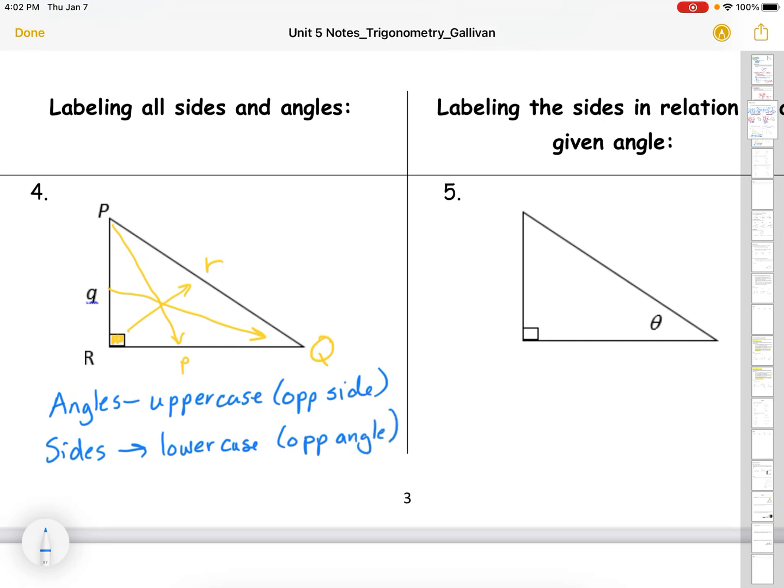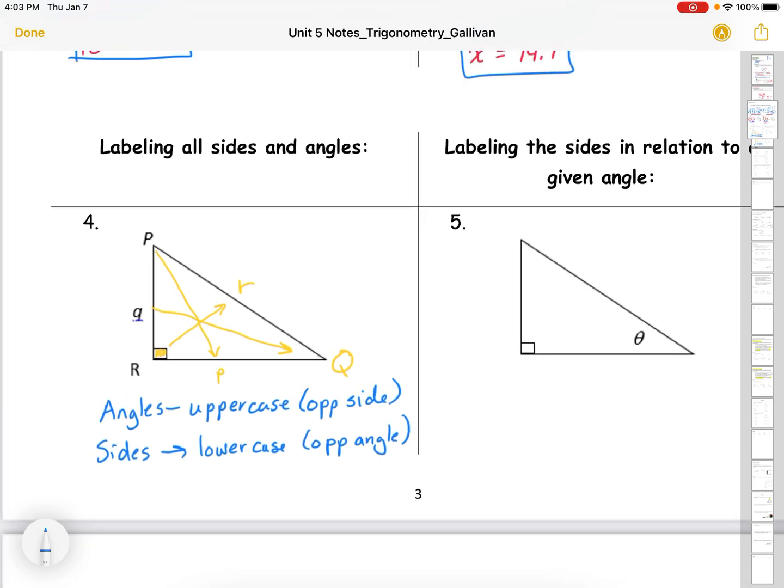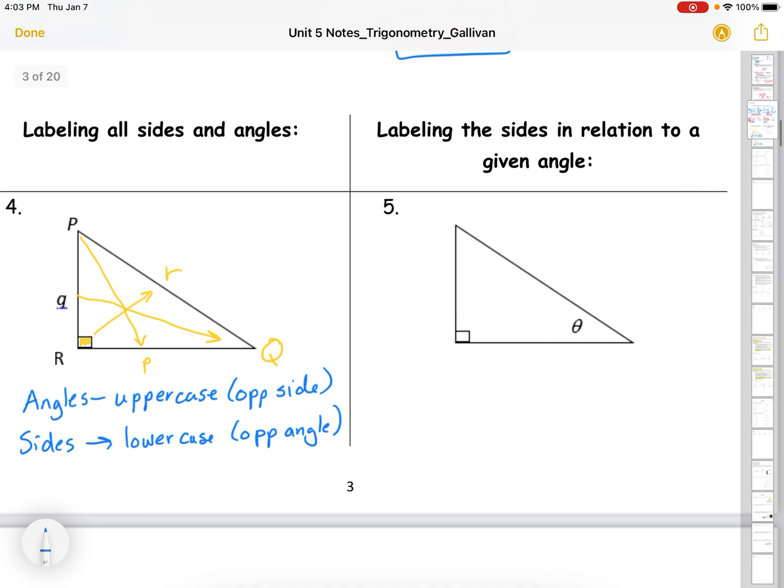Okay? So you match up the letters by looking across. And that's just to name, so now I know that this would be a triangle PQR. Generally speaking, we say it's alphabetical. Okay?